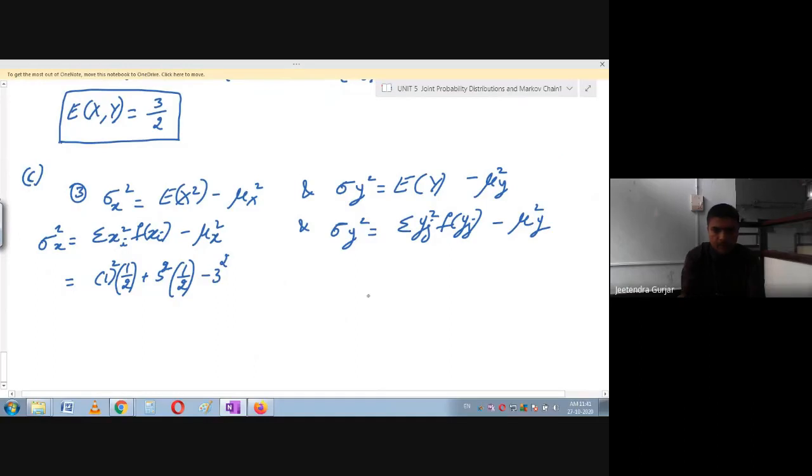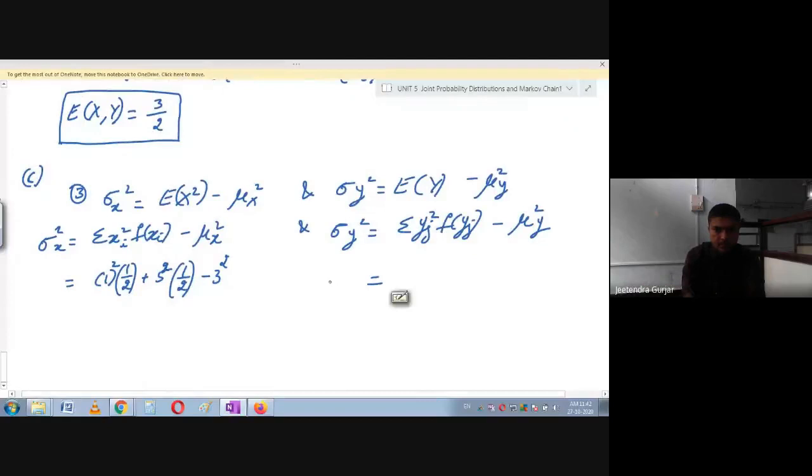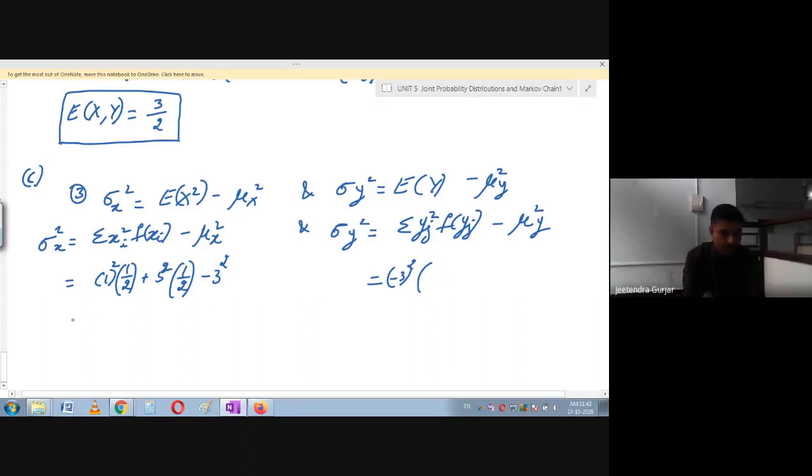So please substitute in the calculator and tell me the answer, students. Similarly, what will be the yj square? Minus 4 into 3 upon 8. So this is minus 3 square into 75 by 4. You will get this as 4. Very good.